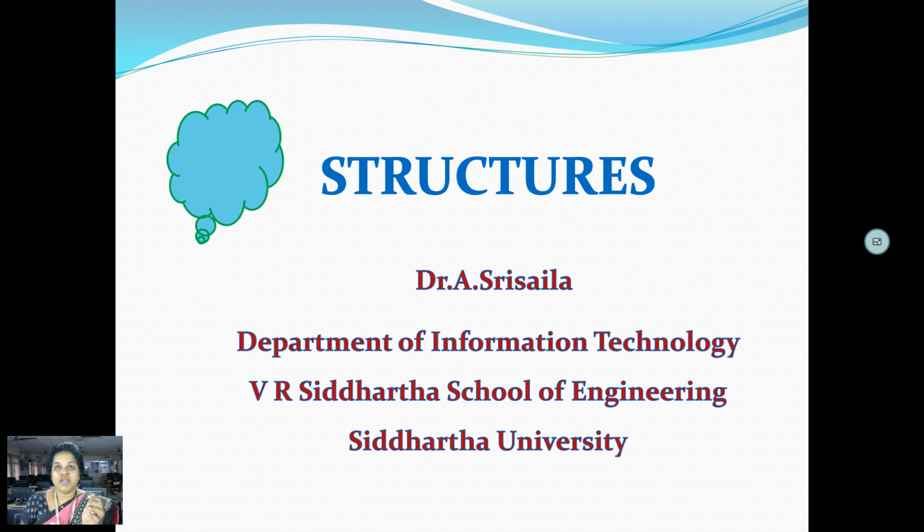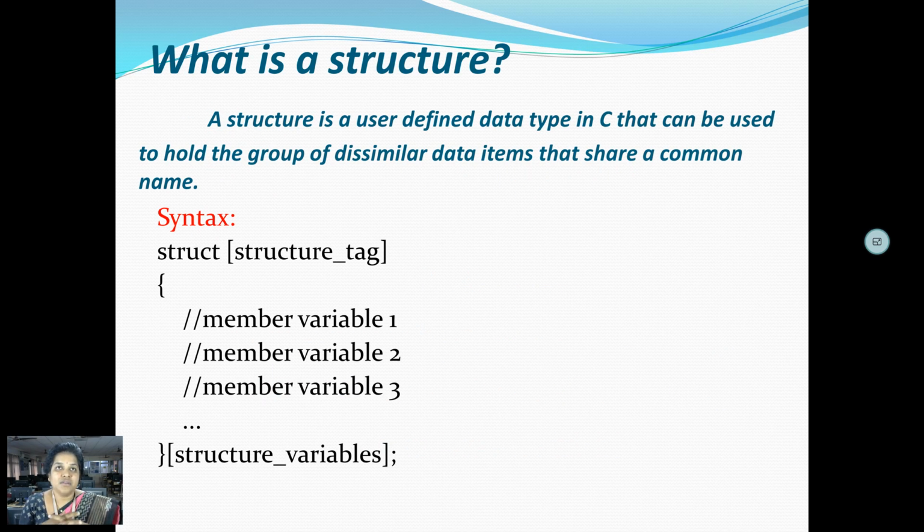So now we'll get into the definition. What is a structure? Structure is a user-defined data type in C language, which can be used to hold a collection of dissimilar data items that share a common name. That means when we go with the trolley, it holds all types of items irrespective of their type.